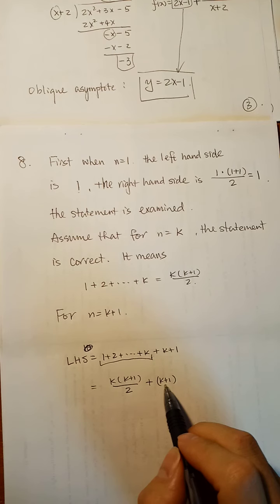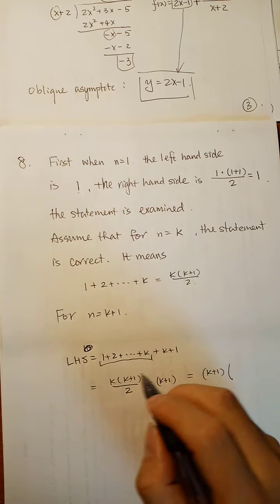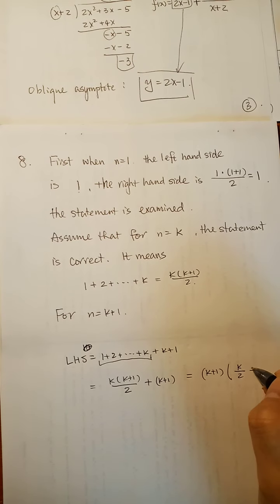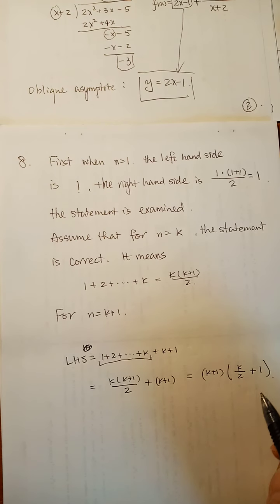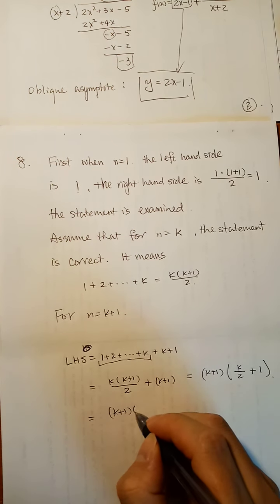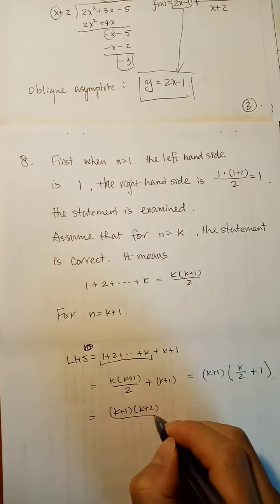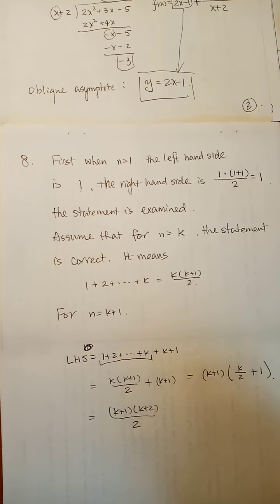You see here you have the common factor k plus 1. Factoring out k plus 1, you get k over 2 plus 1. And if you write it, it is k plus 2 over 2. So it's k plus 1 times k plus 2 over 2. The denominator 2 is here. Okay?